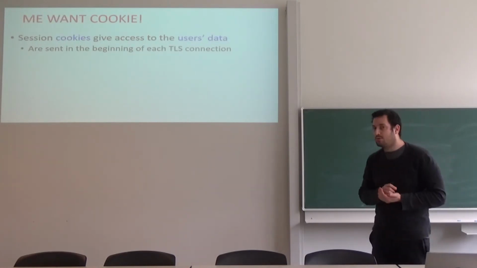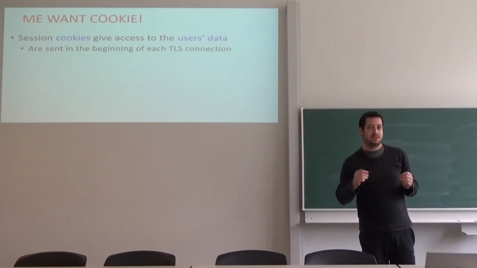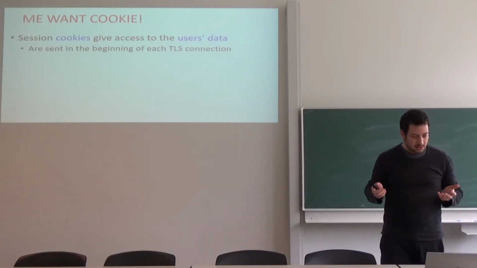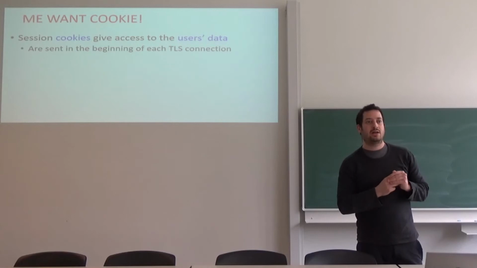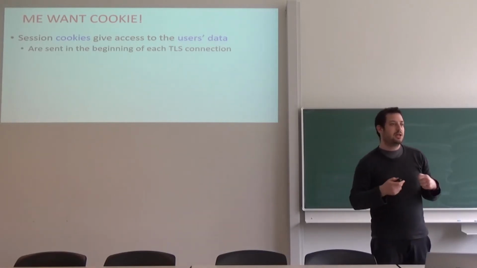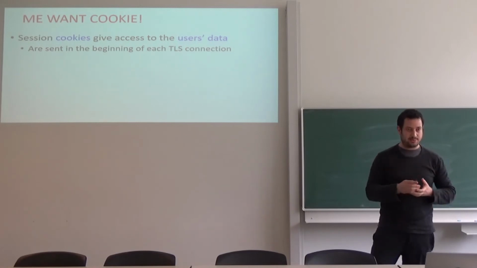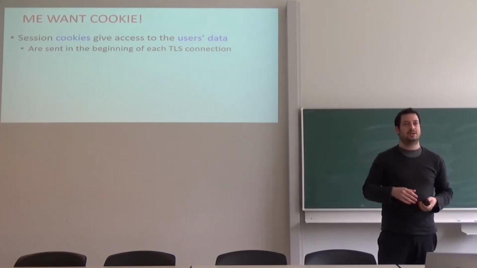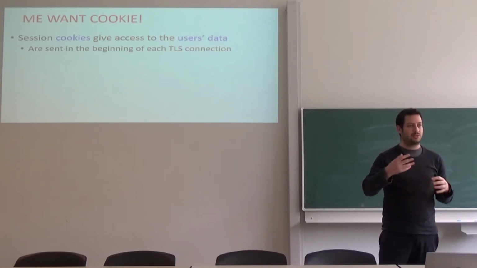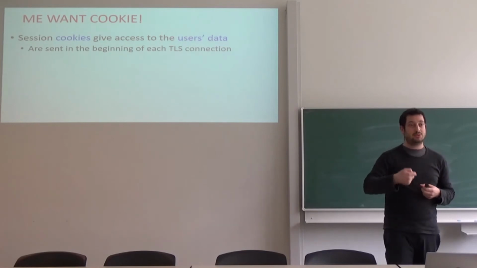Okay, so what we want to get in our attack, and this is something that's very common for TLS attacks, is cookies. Basically, we don't really care about breaking all of the TLS connections, because usually when you connect to a server, you don't enter your password each time. The first time that you connect, you enter the password, and then the server will send you a random number, which is called a cookie.